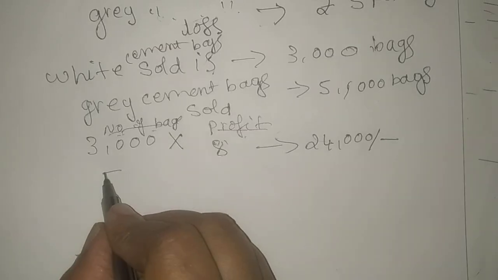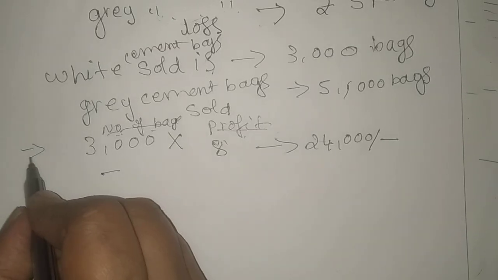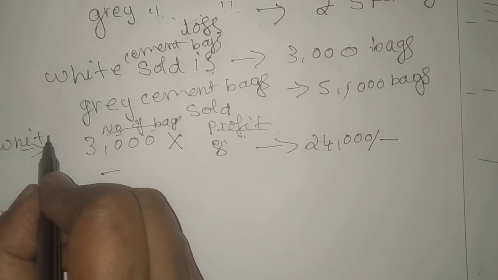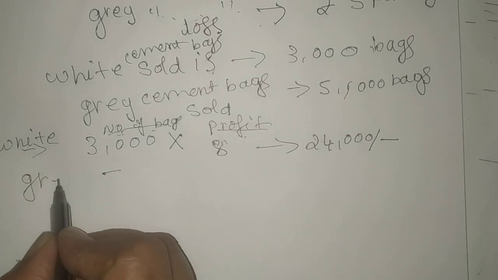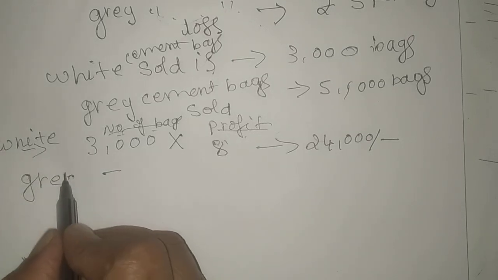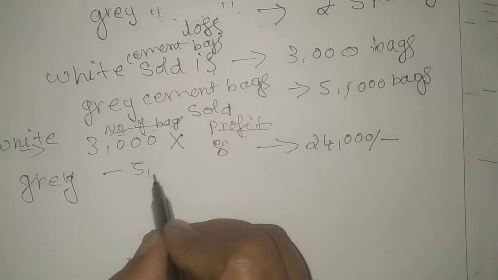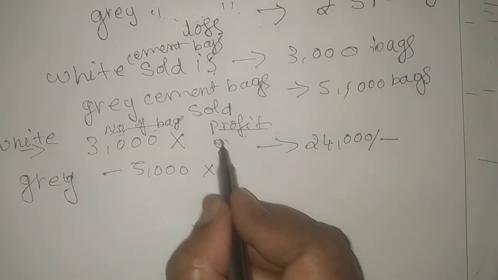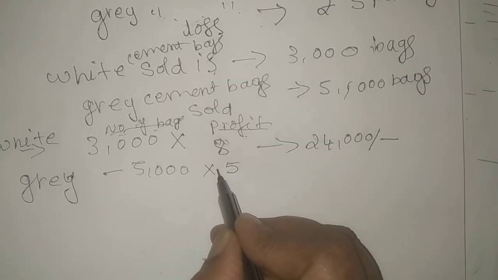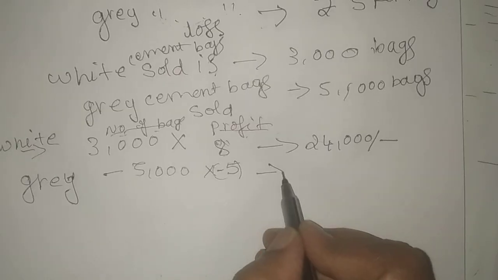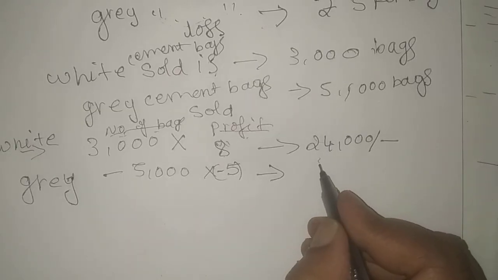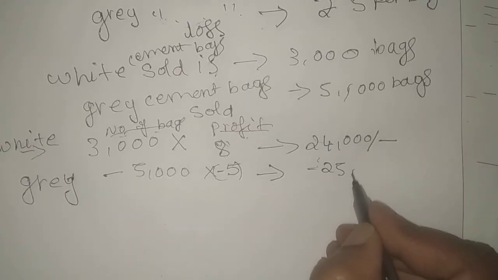This is for white cement. Now this is for grey cement. Grey is 5000 bags into the loss, minus 5. Therefore multiply these two, we get minus 25,000.